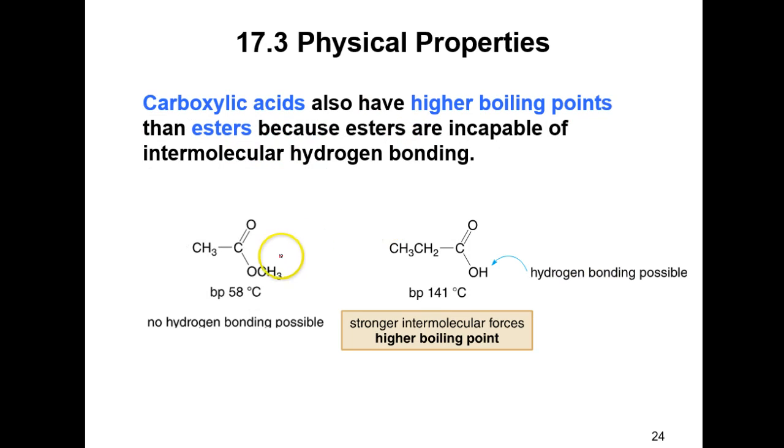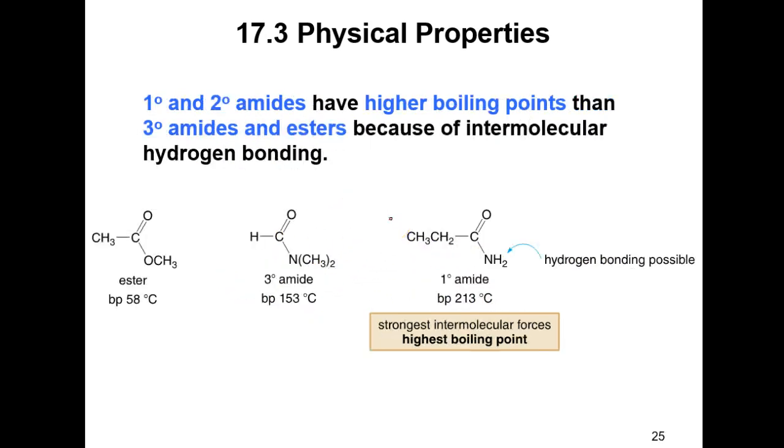Esters have much lower because you don't have the hydrogen bonding. Primary and secondary amides have higher boiling points than tertiary amides and esters because you have the hydrogen available for hydrogen bonding, but your tertiary amide does not have a hydrogen on here, so you can't really form hydrogen bonding. As well as in the ester, you don't have it either.